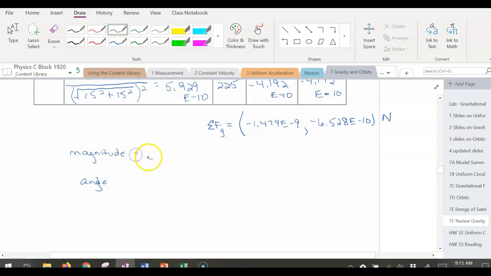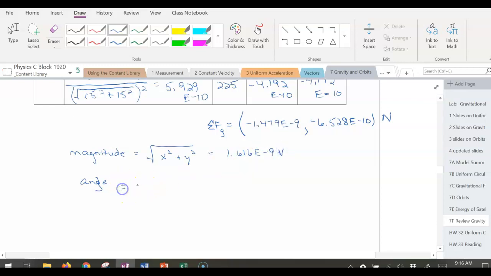The magnitude here would be the square root of the x component squared plus the y component squared. And I get 1.616 times 10 to the negative 9th newtons.